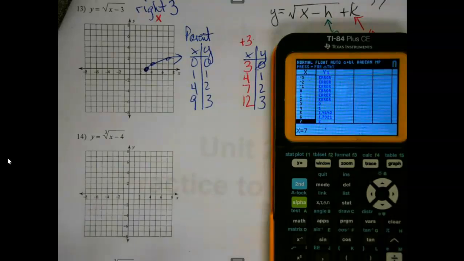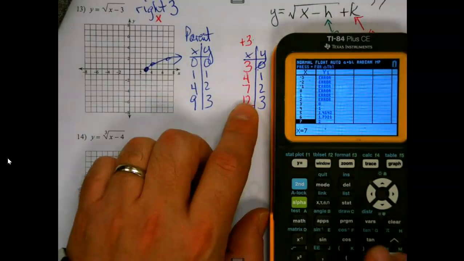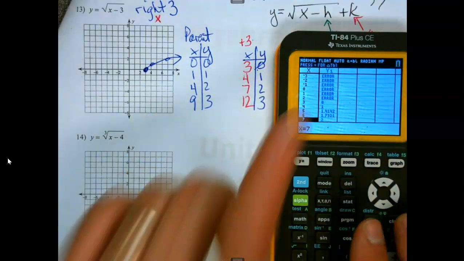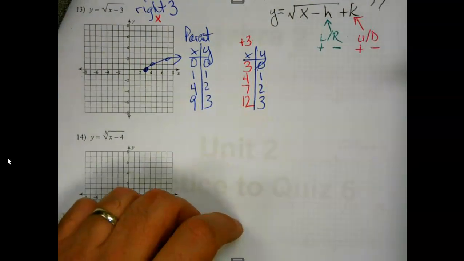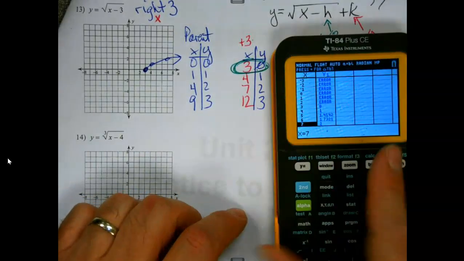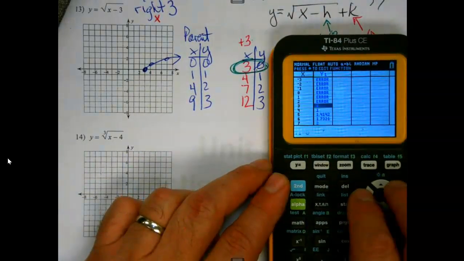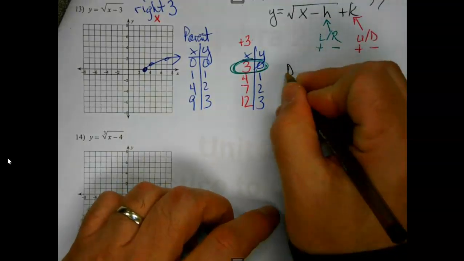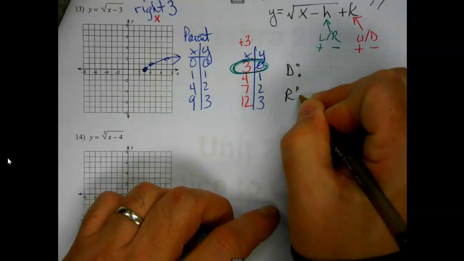But here's the last part and why I like to see the chart like this. I'd still write this chart with my numbers even if I was just using the calculator. Here's why. That first point after the error message, 3, 0, is going to directly tell me where my domain and range are starting.